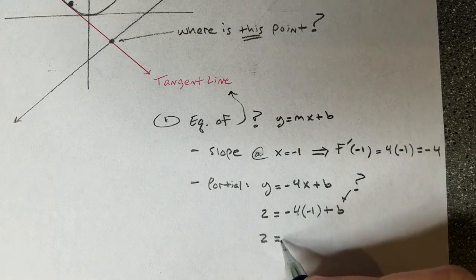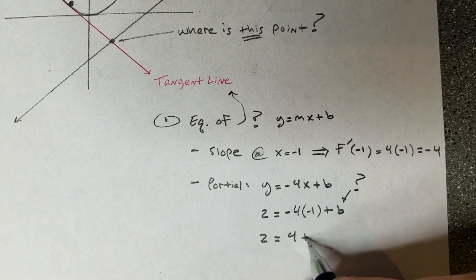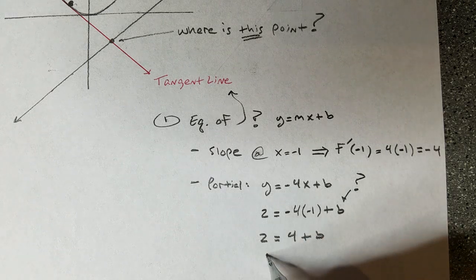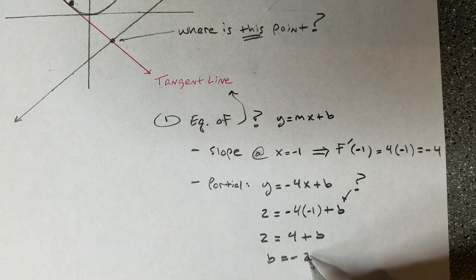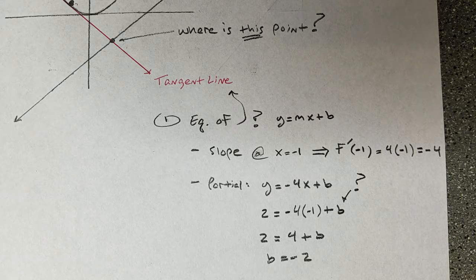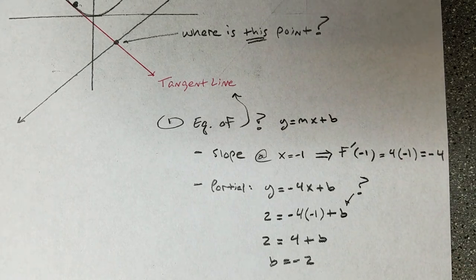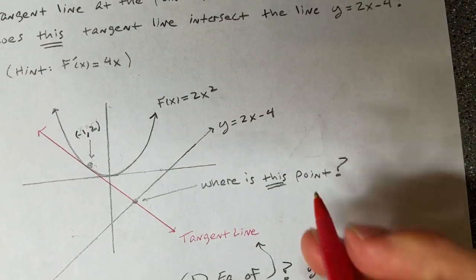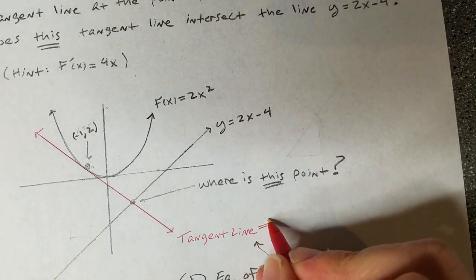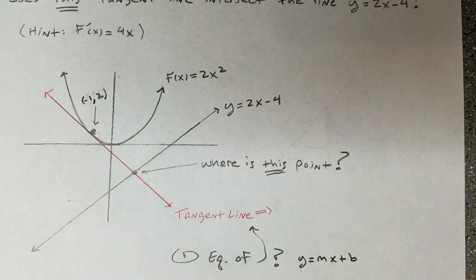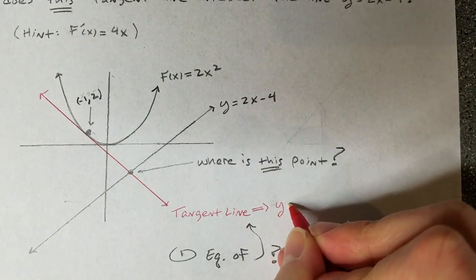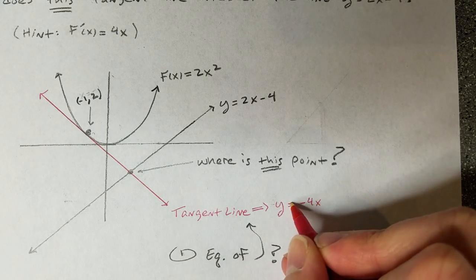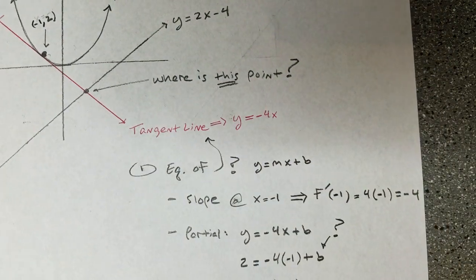So we'll get 2 equals 4 plus b, right? And then we'll move the 4 over, we'll get b is equal to -2. So the tangent line has this equation. I'm gonna write it on my picture up here. The tangent line, that thing in red right there that you see, is y equals negative 4x minus 2.